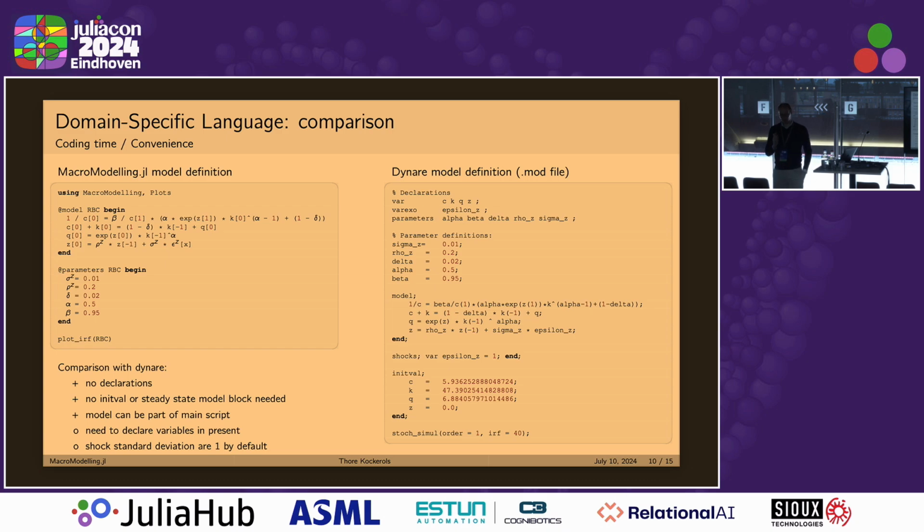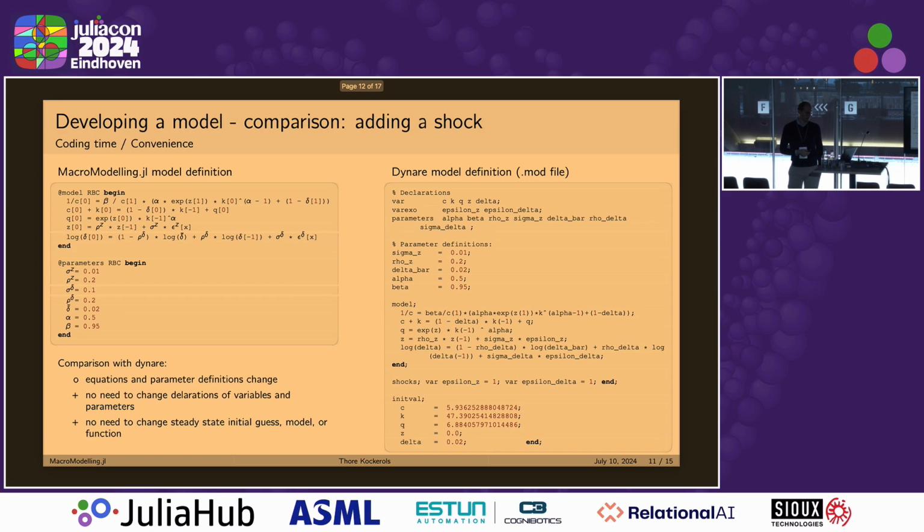But when you work with these models, especially the steady state, and you think about modifying it, that's where you really get the gains in coding time. Because let's add a shock and see how this plays out in the two scenarios here.